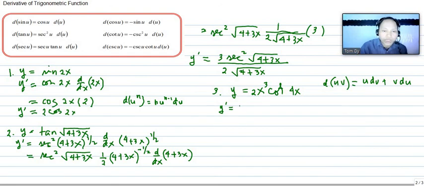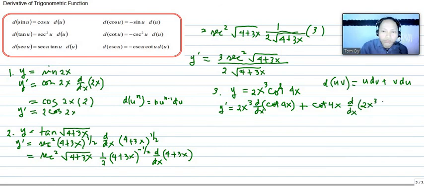So u, that is 2x cubed times the derivative of your v, the derivative of cotangent 4x, that is u dv, plus v du. This will be our v, cotangent 4x, times the derivative of our u.